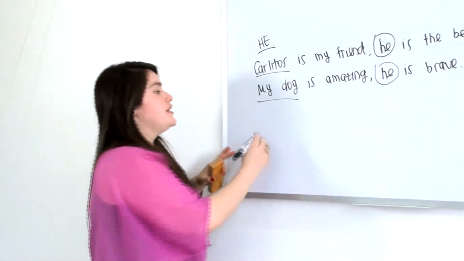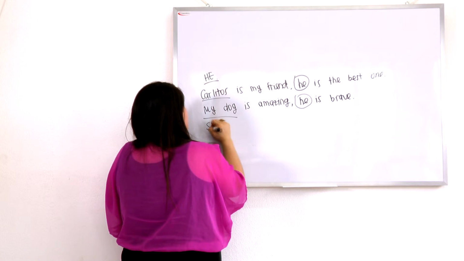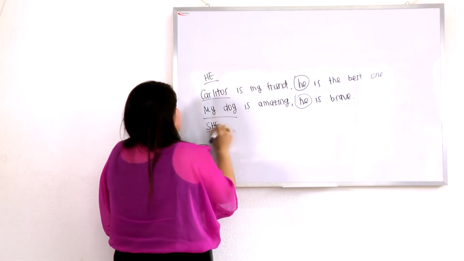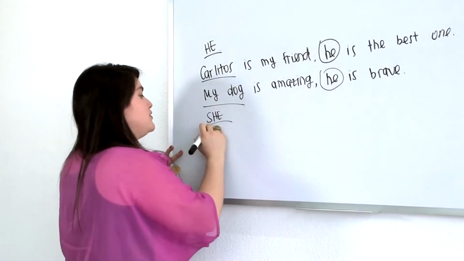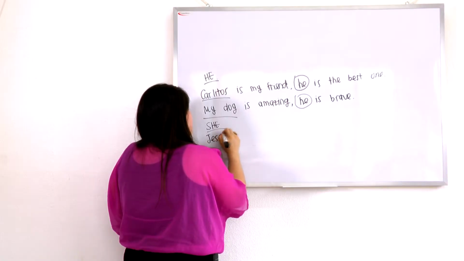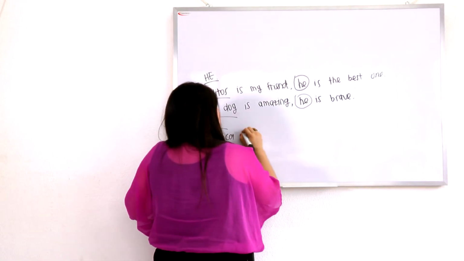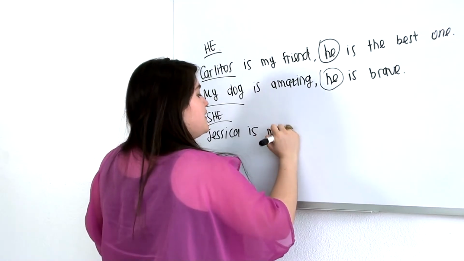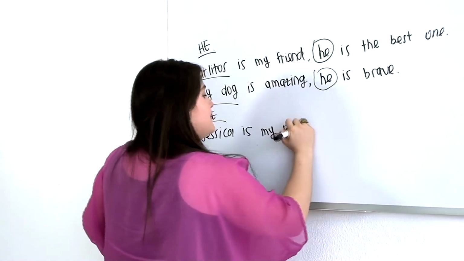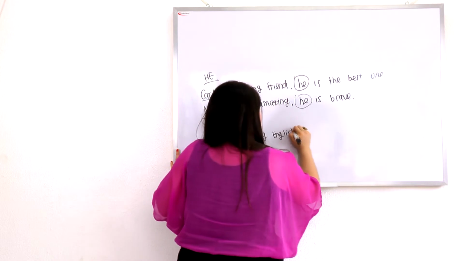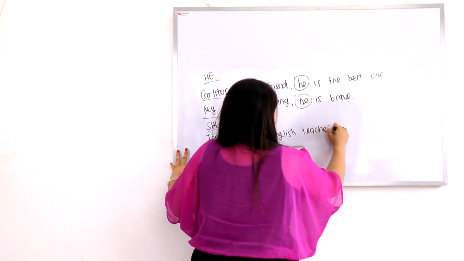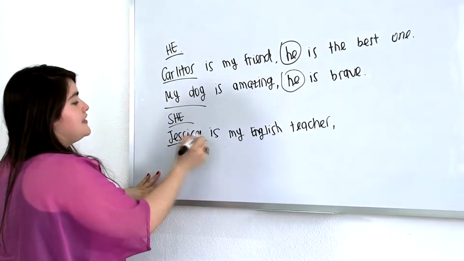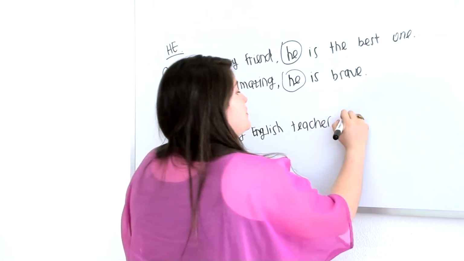And then the other one is she. We can talk about Jessica, it's me for example, so Jessica is my English teacher. We have already mentioned Jessica, so we can only use now she.